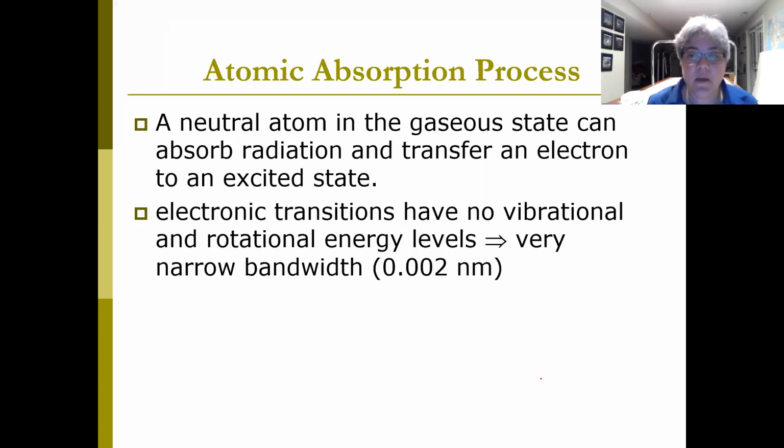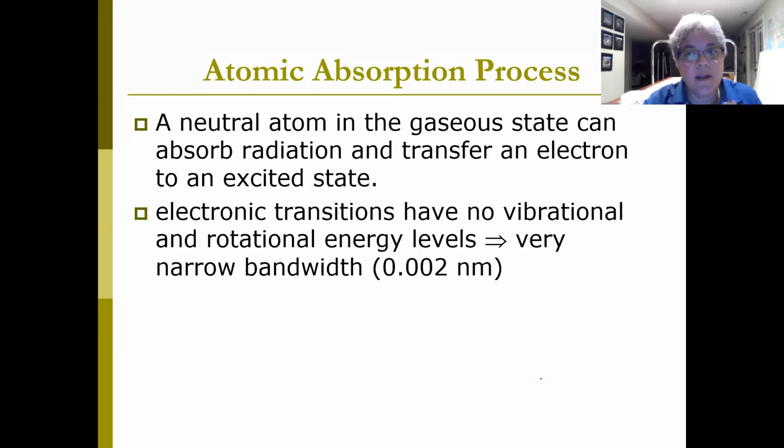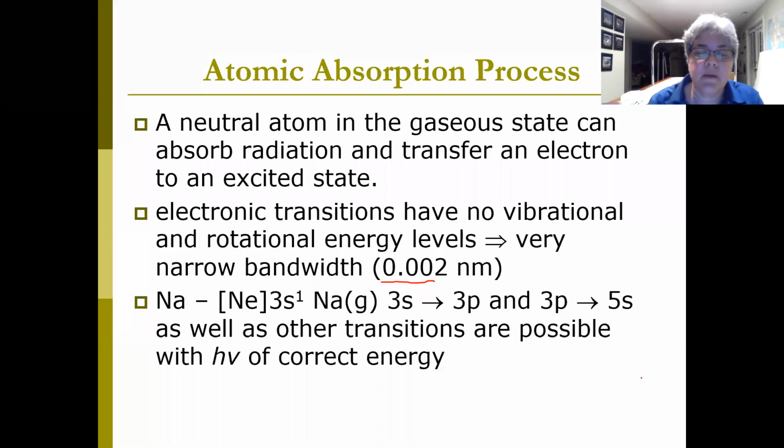These are atoms, so the bandwidth is going to be very, very small for these absorptions. Remember in Chapter 4, molecular absorption, we got these broad peaks. Here, we're not going to get broad peaks. We get very, very narrow peaks.